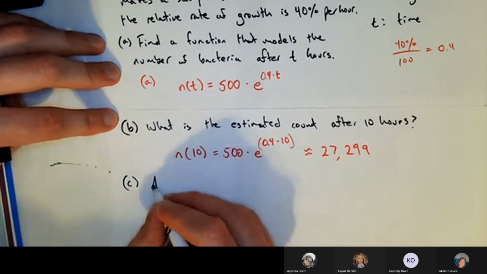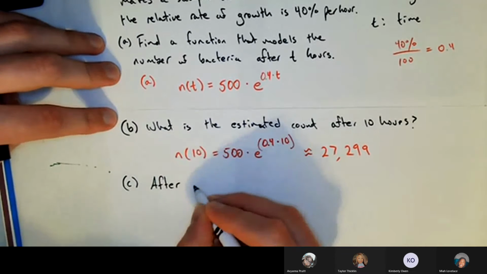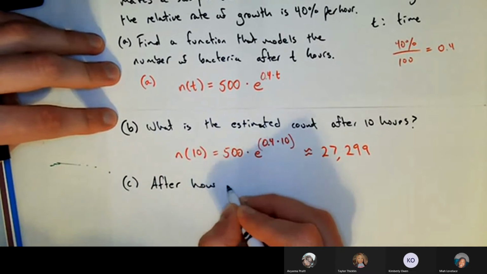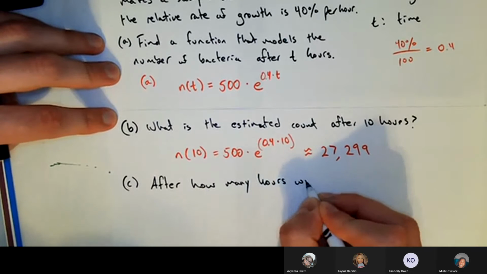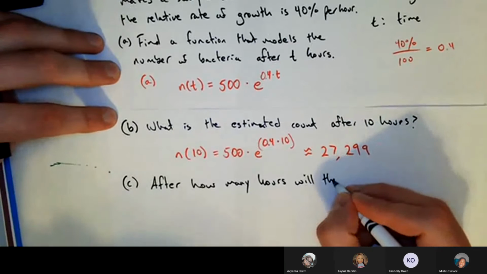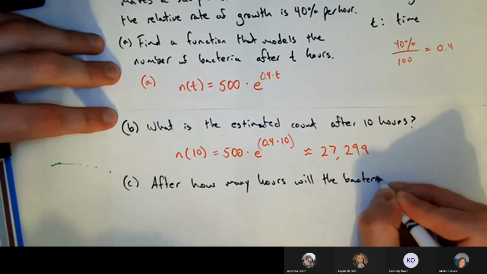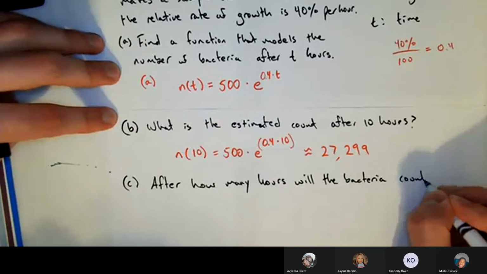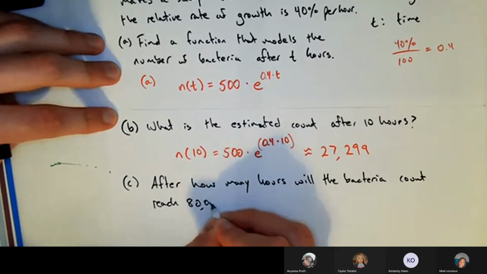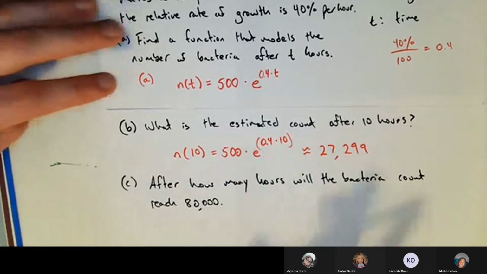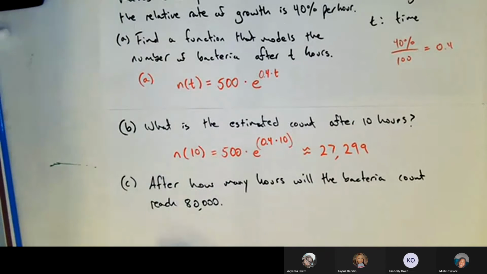After how many hours, here's an interesting problem, asking for time now. After how many hours will the bacteria count reach 80,000? So this time they're giving me the output of the function and asking for the input.